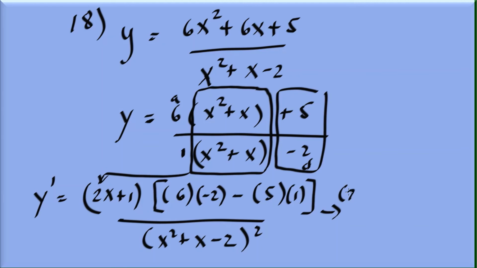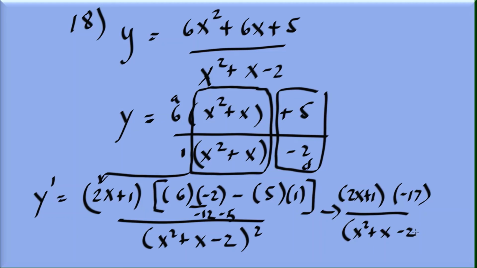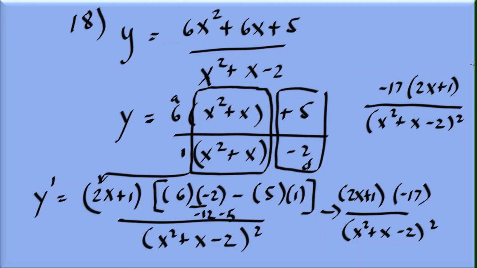Right, so that's 2x plus 1 multiplied by, this is negative 12 minus 5 is negative 17, okay, over x squared plus x minus 2 squared. Okay, so our final answer is negative 17 times 2x plus 1 over that x squared plus x minus 2 squared. Okay, very easy using this quotient rule shortcut.